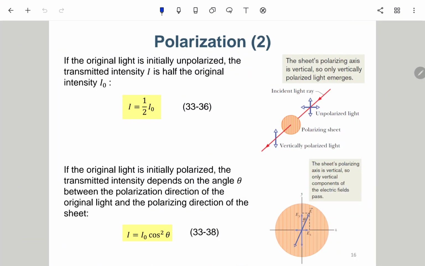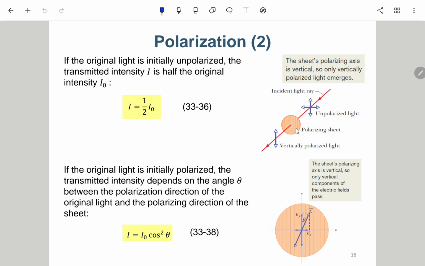Here we have some interesting formulas. First, if the original light is initially unpolarized, the transmitted intensity I is half of the original intensity I0, where I0 is the intensity of the original light, after going through a polarizing sheet or polarizing filter, 就是滤波器的感觉.